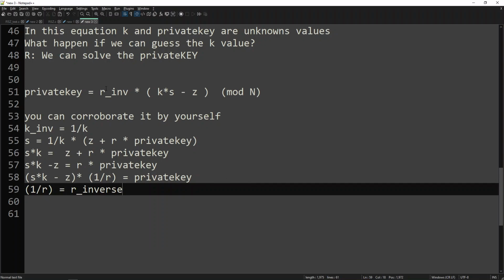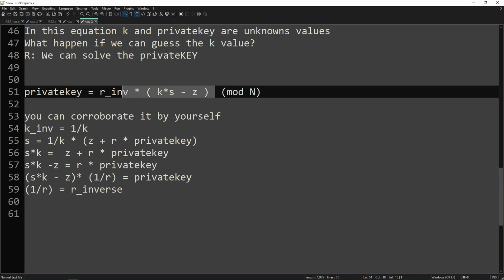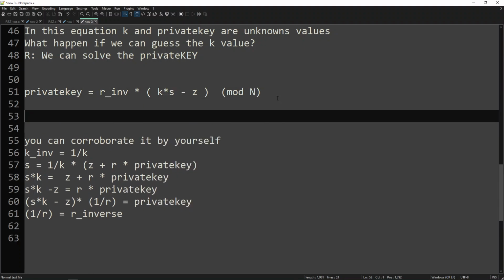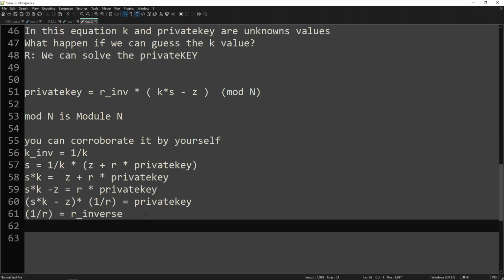So the final equation is this. Remember, all equations here are modulo n. Okay, I hope you follow me. Please ask any question if you have doubts.